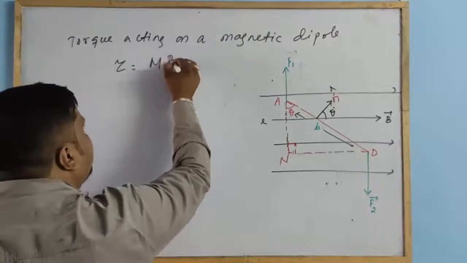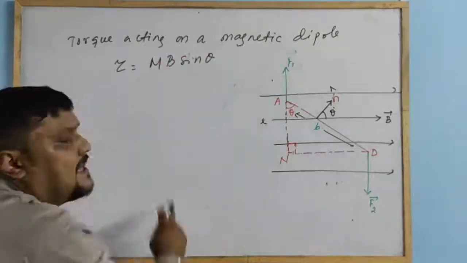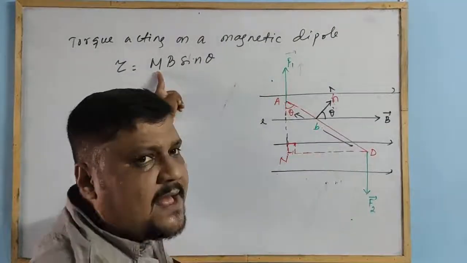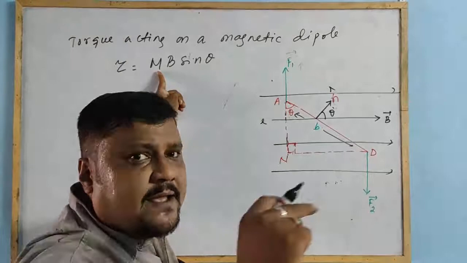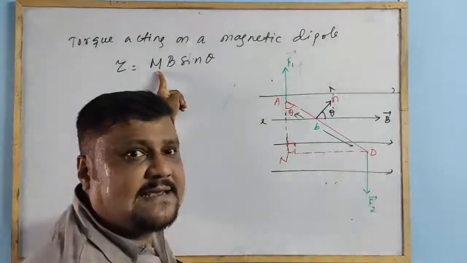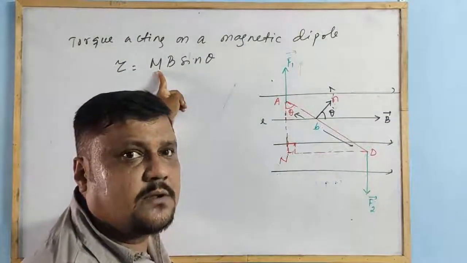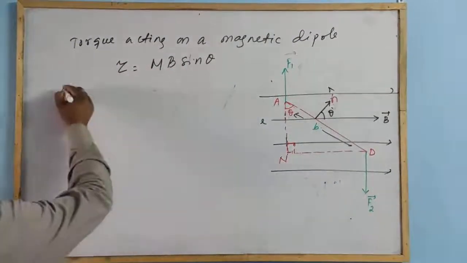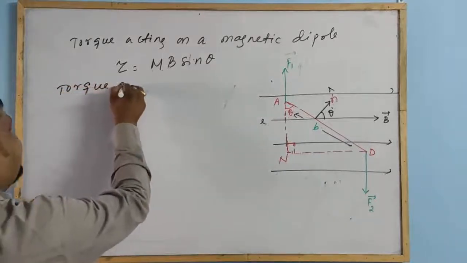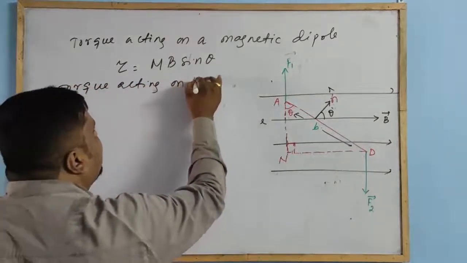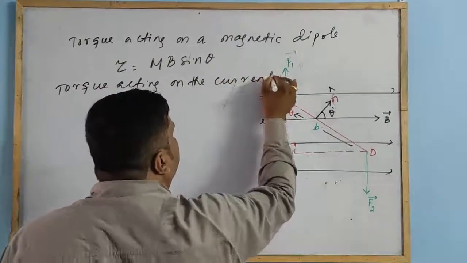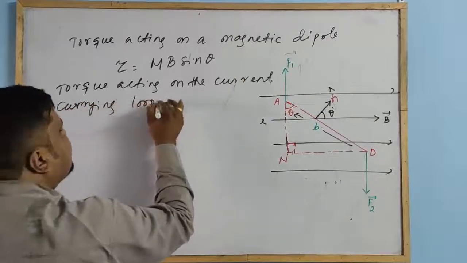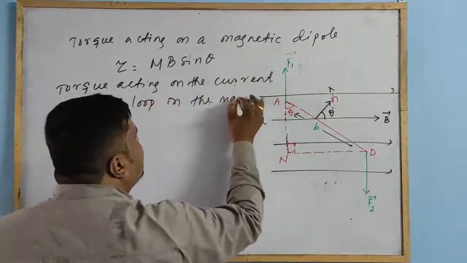M B sin theta. M is the magnetic dipole moment, B is the magnetic field, theta is the angle between the dipole axis, south to north, or M, with B. Here is the torque acting on the current carrying loop in the magnetic field.